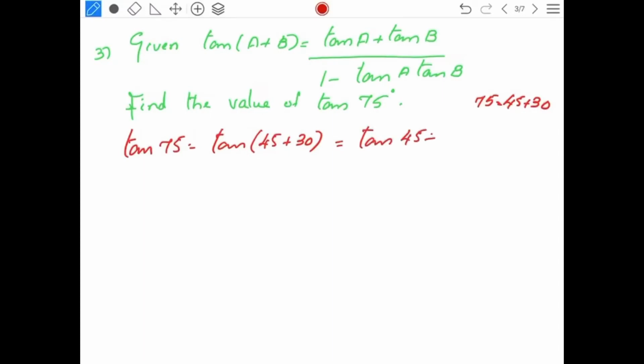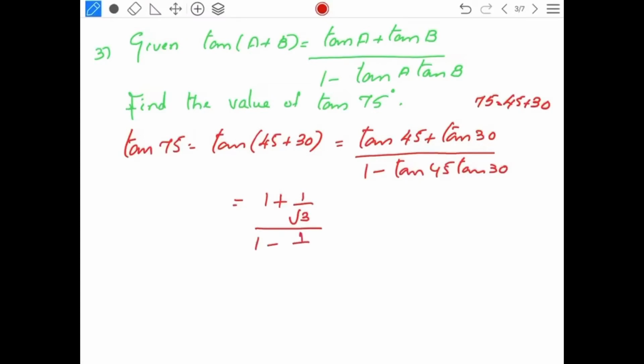Tan 45 plus tan 30, so A is 45 and B is 30, by 1 minus tan 45 tan 30, is equal to tan 45 is 1 plus tan 30 is 1 by root 3, by 1 minus tan 45 is 1, tan 30 is 1 by root 3.